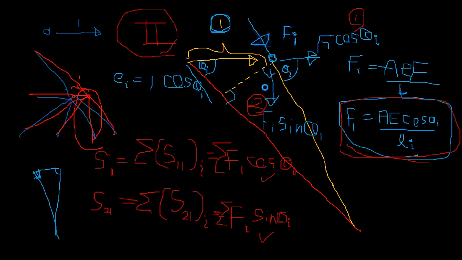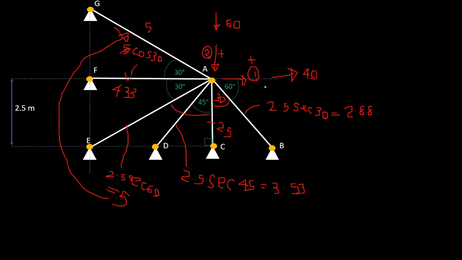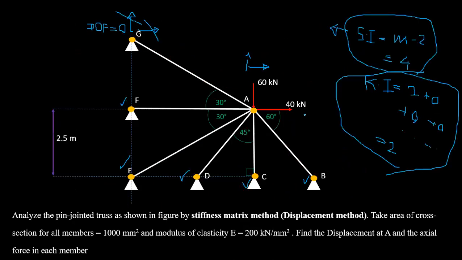And finally, your structure would go 0.0003 in this way and 0.0003 in this way. And these are in compression, these are in tension, right?